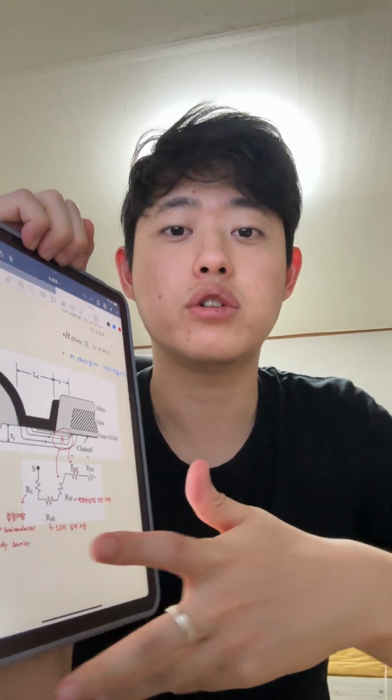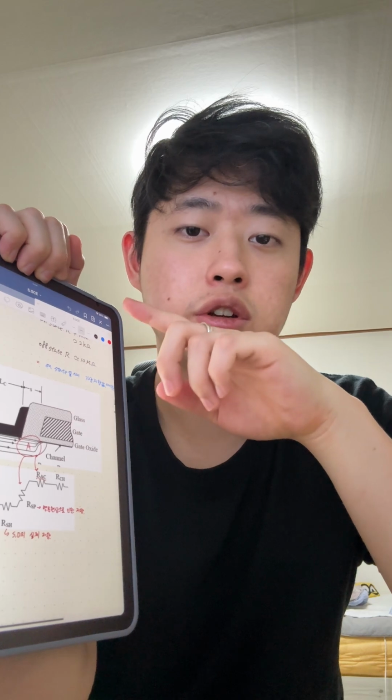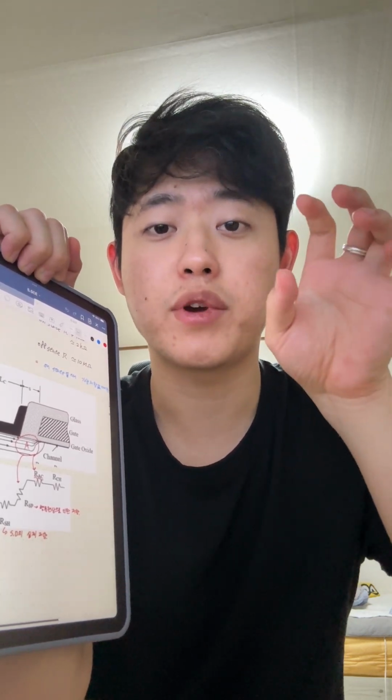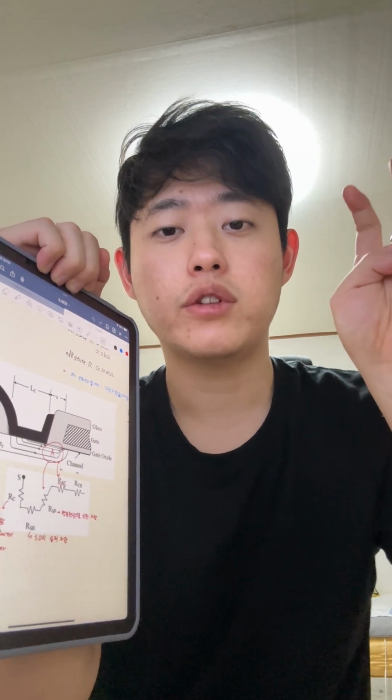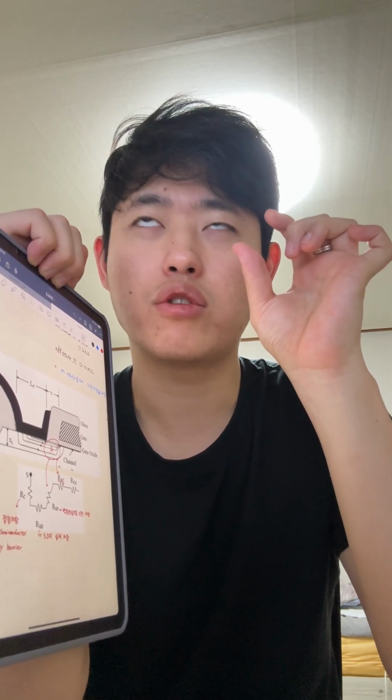This is like a Schottky barrier because the contact is metal and the source and drain is semiconductor. So a semiconductor and metal contact will have a Schottky barrier that can cause resistance.